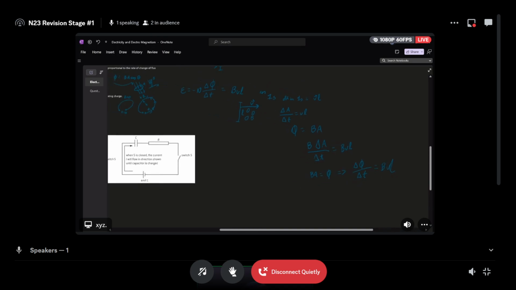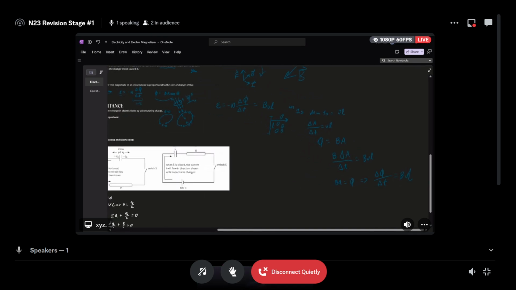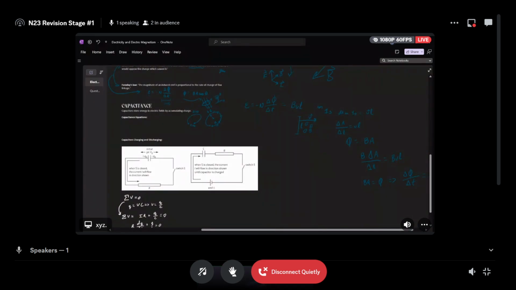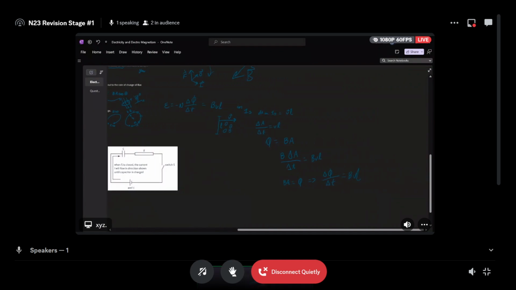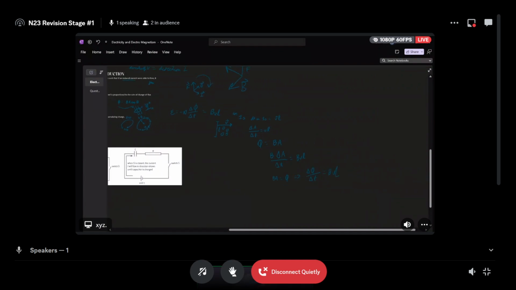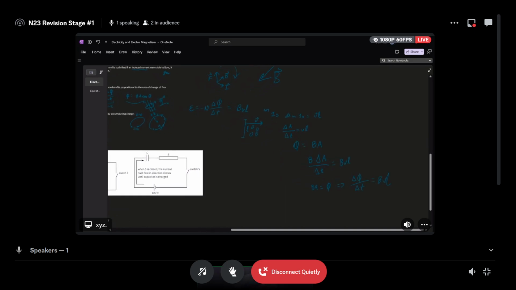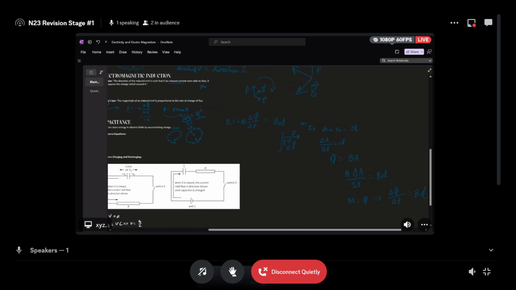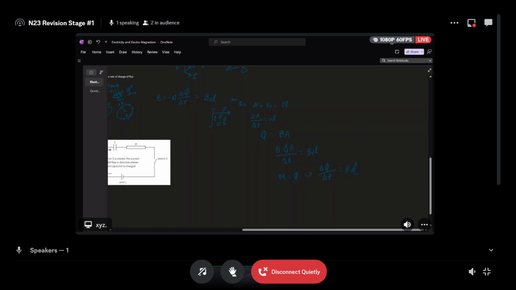And there's no n in this equation because the conductor is a single one, so there's no linkage occurring. Okay? So this is equal to the magnitude of EMF.